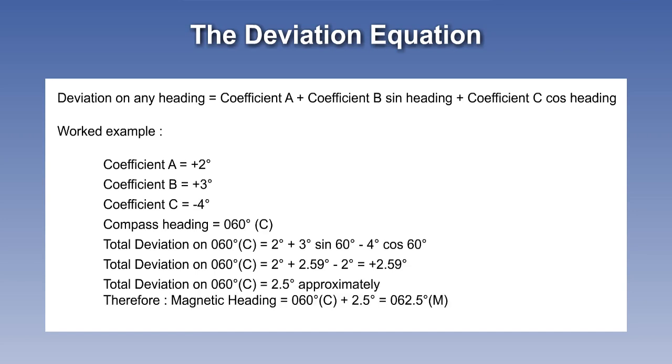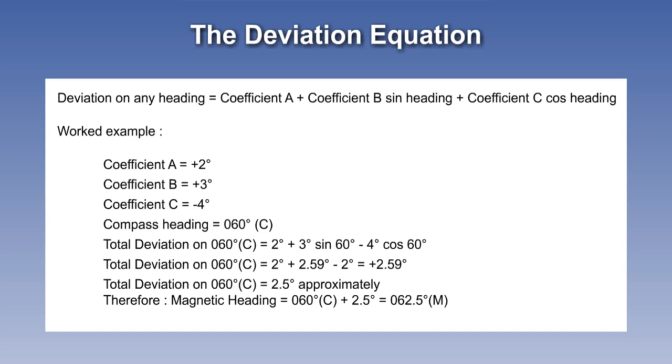If we approximate 2.59 degrees to, say, 2.5 degrees, and if the pilot is flying a compass heading of 060 degrees, the magnetic heading is actually 062.5 degrees magnetic.